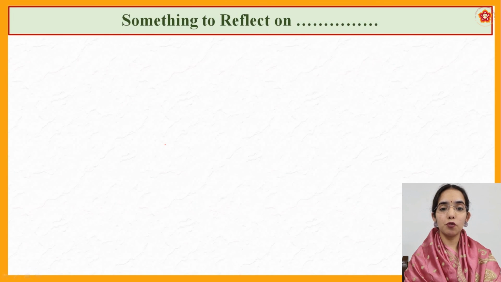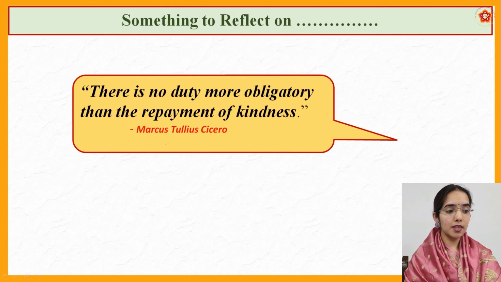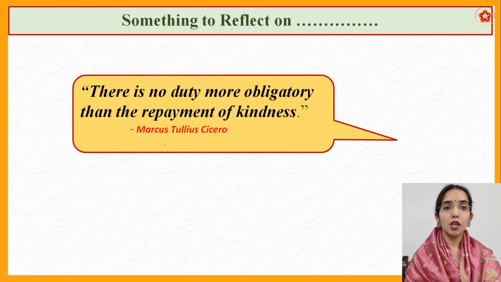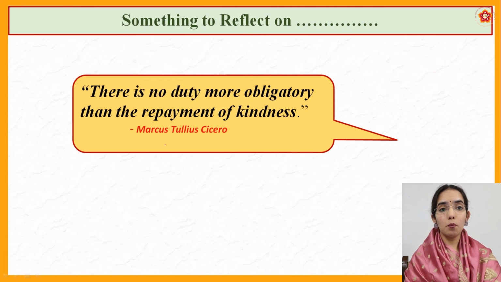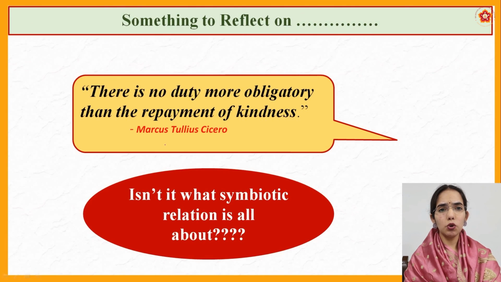Now something to reflect on. A Roman statesman and a philosopher, he made this statement: there is no duty more obligatory than the repayment of kindness. So students, don't you think, isn't it what symbiotic relationship is all about?